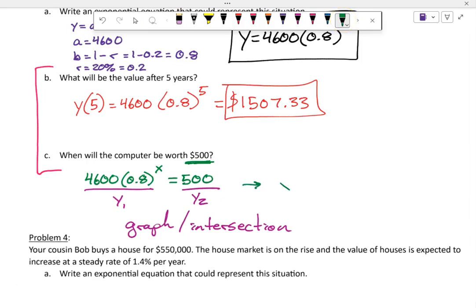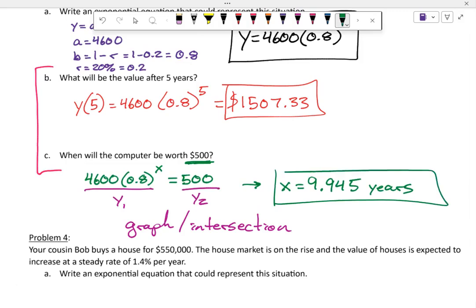How many years will it be? I heard 9.945. 9.945 years. So it will take almost 10 years, but after 10 years, it will be worth only $500 instead of the original amount of $4,600. And that's what happens with technology.